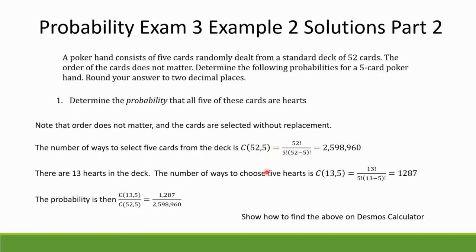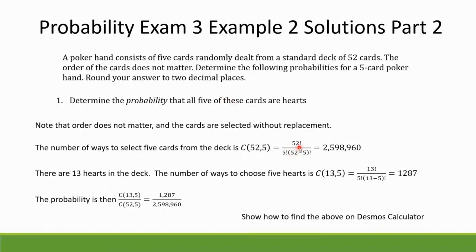Okay, so from here, this is what we have. We have C of 52, 5. That's our sample size. In other words, that's how many possible ways 5 cards can be handed to us from a standard deck of 52 cards.